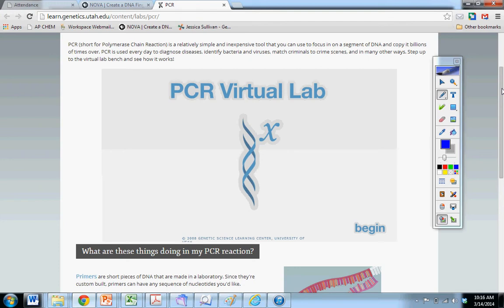PCR is a relatively simple and inexpensive tool that can focus on a segment of DNA. What's a segment of DNA? A gene. PCR can be used every day to diagnose diseases, identify bacteria and viruses, match criminals to crime scenes, and many other ways.